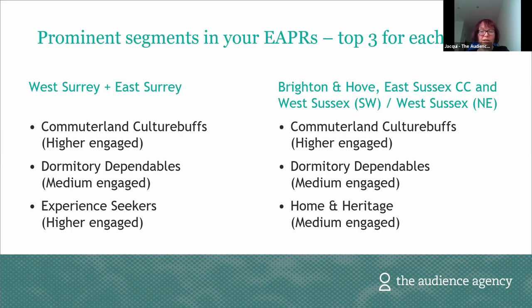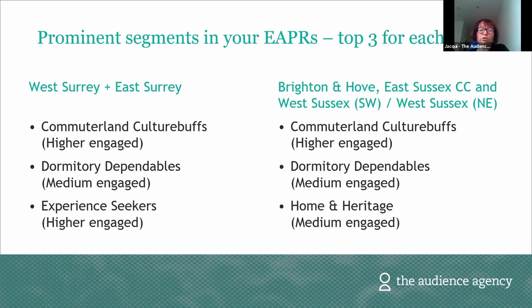So, for example, in the Sussex profile, in Brighton and Hove's Queen's Park ward, 41% of the population belong to the higher engaged experience seeker segment, but that doesn't feature in the overall area profile as a prominent group, but is really significant for that local neighbourhood. So again, it's really important to think about those different layers of population and what you need to know in order to target the work that you're doing at a particular group.